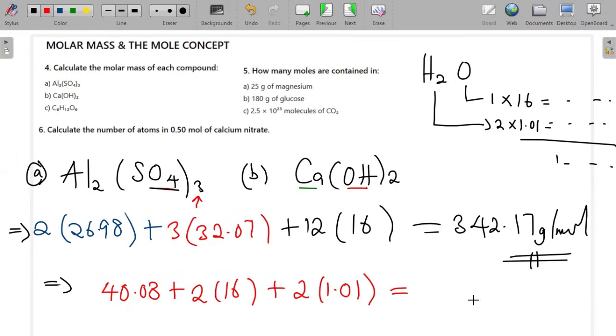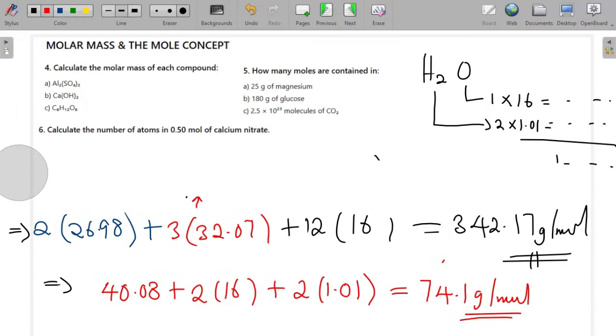And then you punch this whole thing onto the calculator. So it will be 40.08 plus 2 multiplied by 16 plus 2 multiplied by 1.01. So I get my molar mass there to be 74.1 grams per mole. Okay, so that's how we can do that one. Let's do part C.